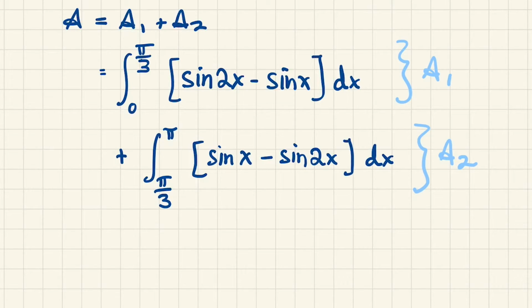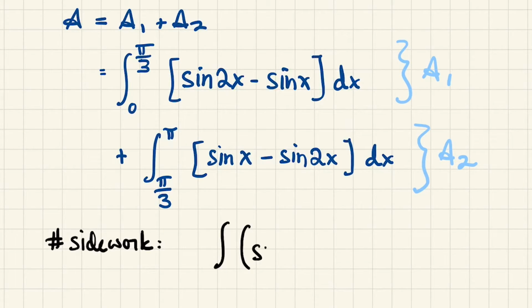All right, now there are several ways we can proceed here. One is you can just keep working this out line by line, but if you'll notice, these two integrals are very similar to each other. We unfortunately cannot easily combine them into a single integral because they're not actually the same integrand. However, I think it would be a good idea to work out as side work this integral, sine of 2x minus sine of x, just as an indefinite integral.